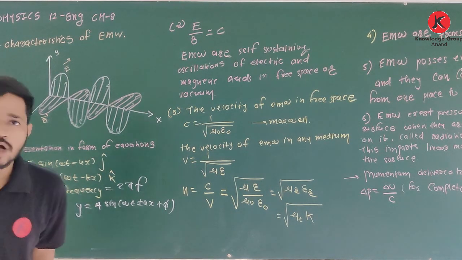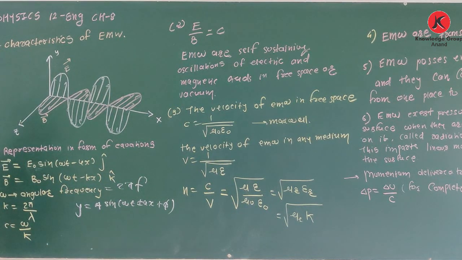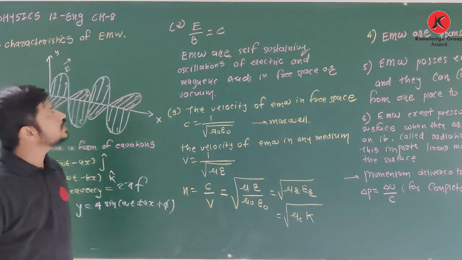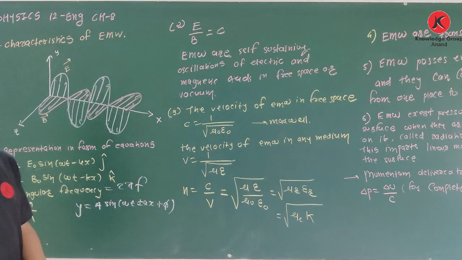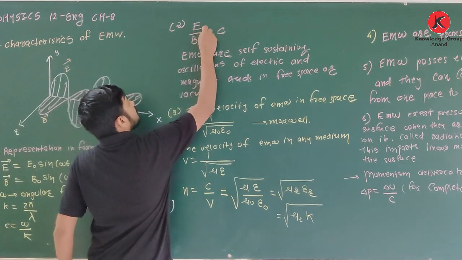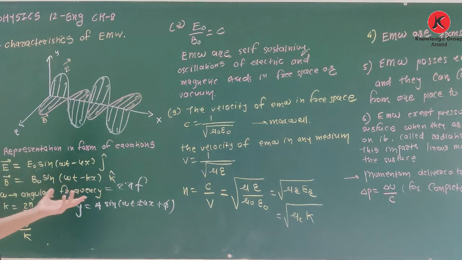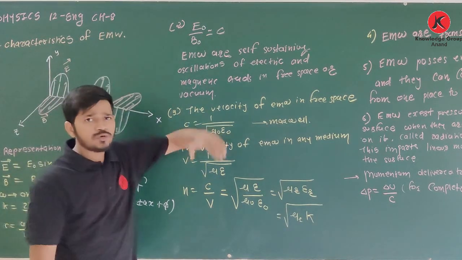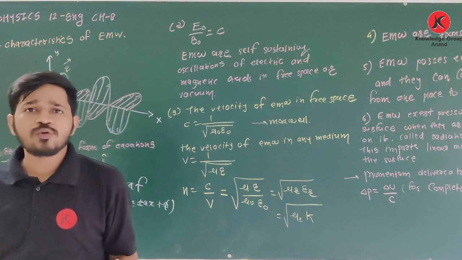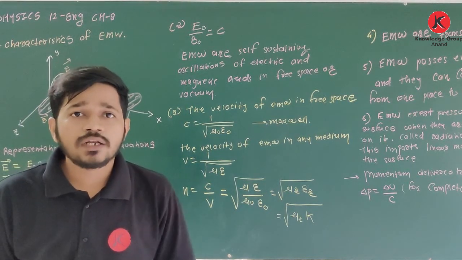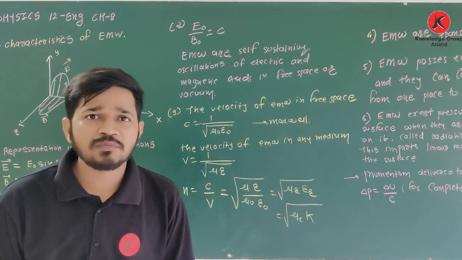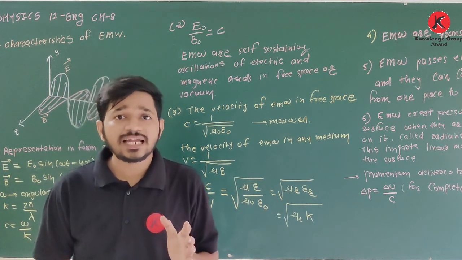Second point, E upon B is equal to c. E0 upon B0 is equal to c. Do we have to accept this equation directly, or do we have to prove it? We have already proved this equation in chapter number 4, in the theory of the velocity selector.